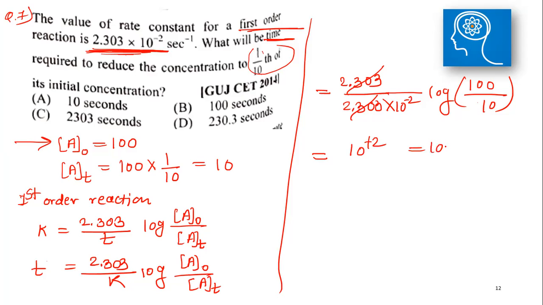Okay, is equal to log, here 10 will come. So its value is 10 to the power 2, that means 100. Okay, so it is 100 seconds. So option B is correct.